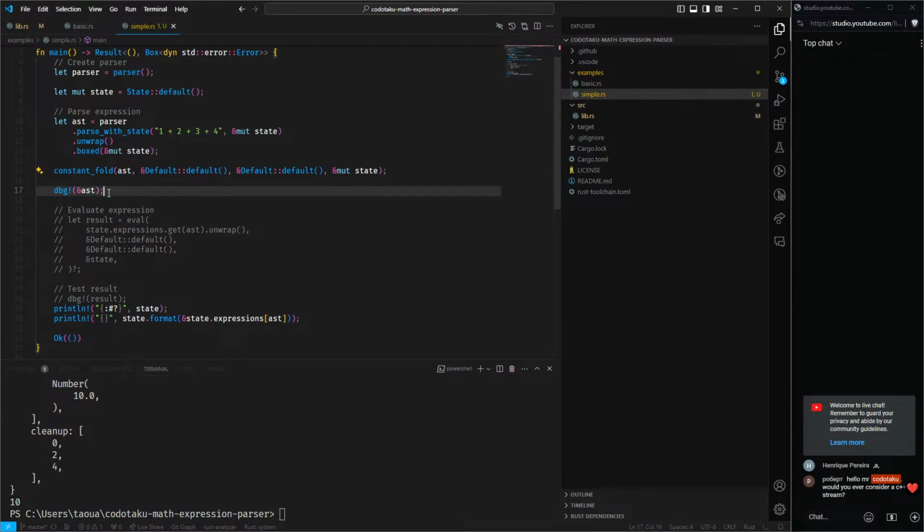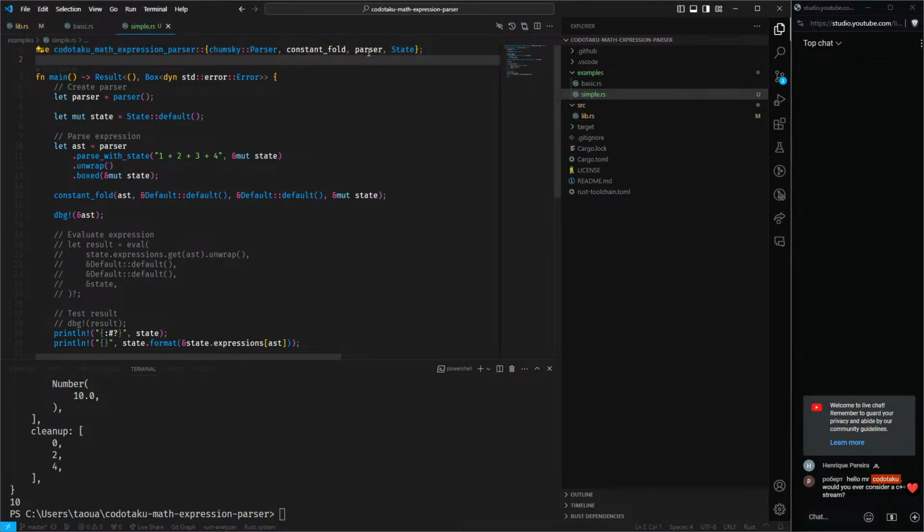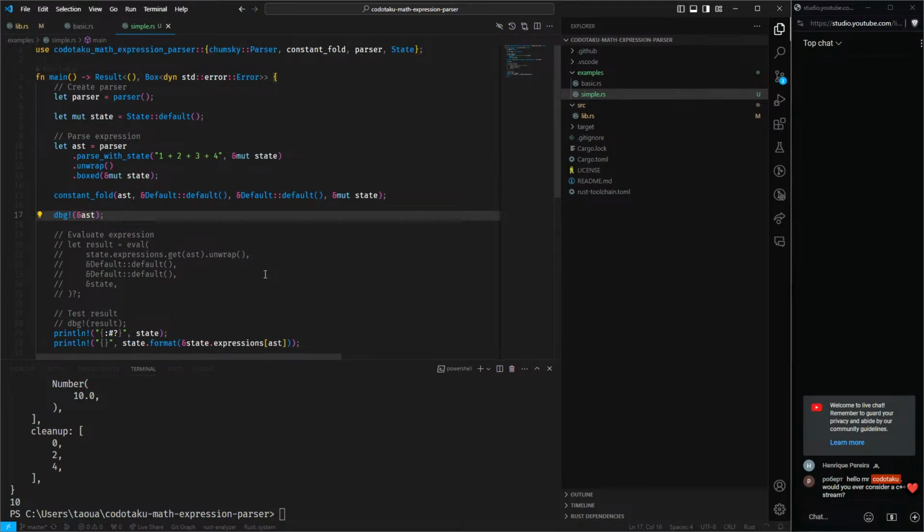And you may say, this is kind of similar to evaluation, right? So why do constant folding in the first place if you can just go through the tree? I mean, you're going through it anyways in constant fold. Why go through that effort and not just go with eval directly? Well, the thing is, this AST that we have just made and constant folded, we can actually evaluate it multiple times, and every time we're going to spend less time going through the whole tree for evaluation.